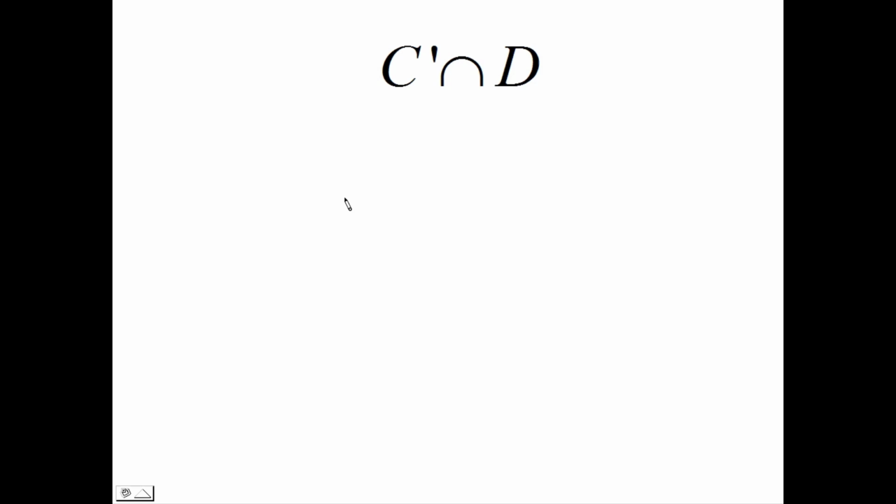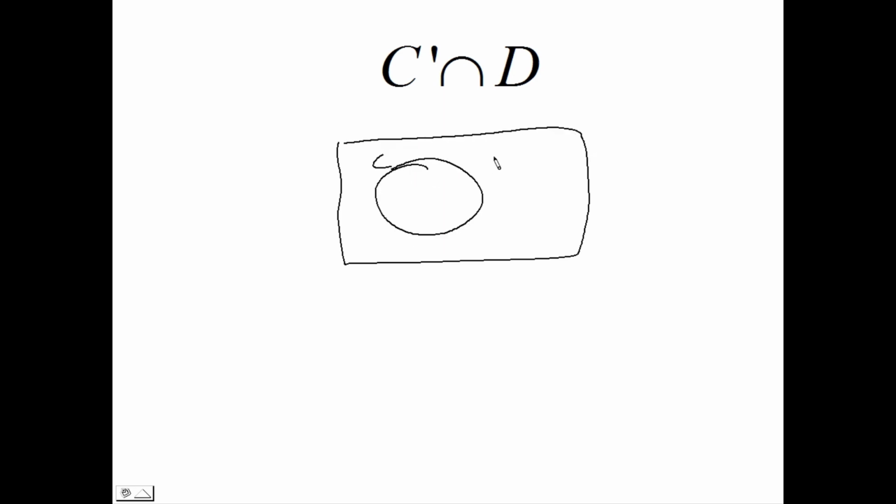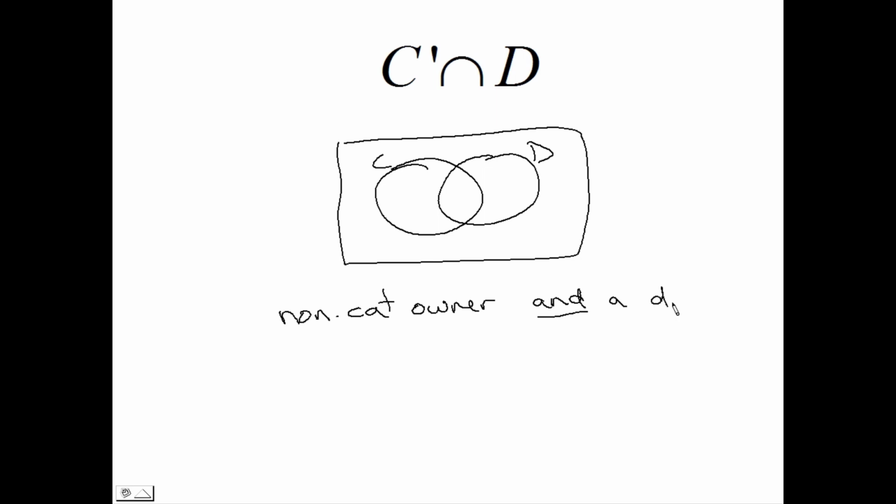Let's move on. C complement intersect with D. This means you are a non-cat owner, meaning you do not have a cat, but you do have a dog.